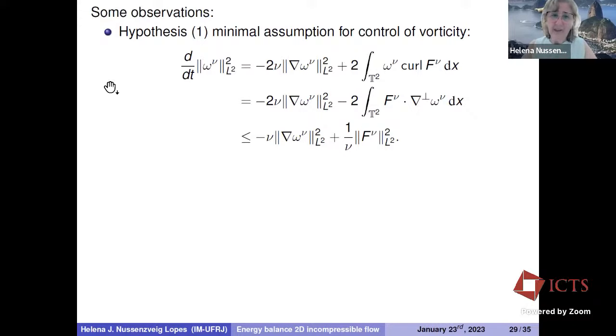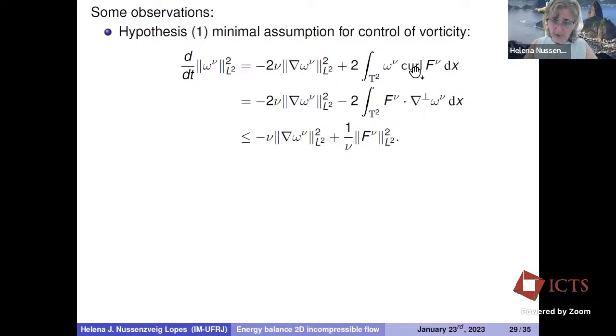Indeed, if you look at the equation for the L2 norm squared of the vorticity, you get -2 times viscosity times the L2 norm squared of the gradient of omega nu, plus twice the integral on the torus of omega nu times the curl of F nu. And I can integrate by parts this term because I have no boundary.